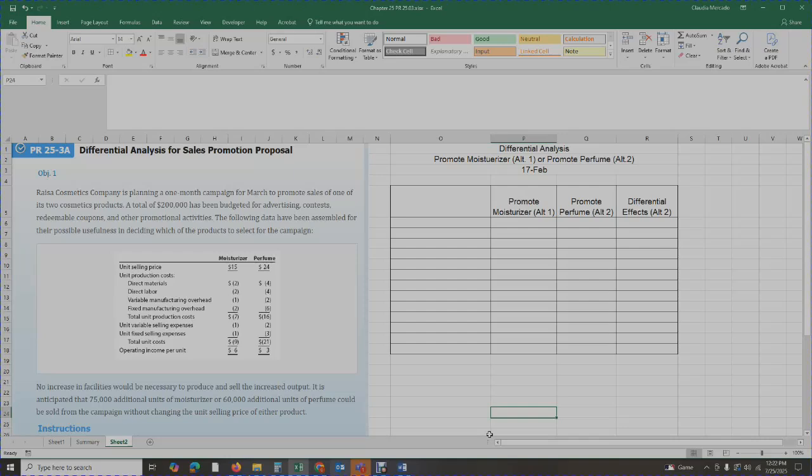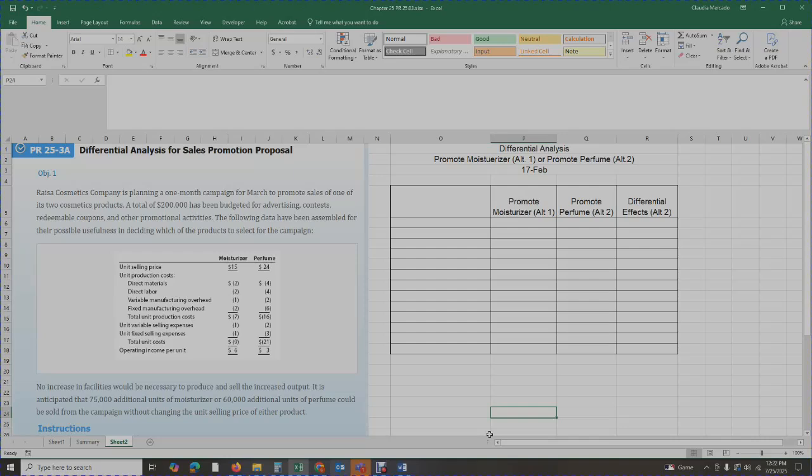For the variable manufacturing overhead, $1 is allocated to the moisturizer, $2 is allocated to the perfume. The fixed manufacturing overhead is $2 for the moisturizer and $6 for the perfume. So our total unit production cost is $7 for the moisturizer and $16 for the perfume. So it costs us a lot more to produce perfumes than moisturizers.